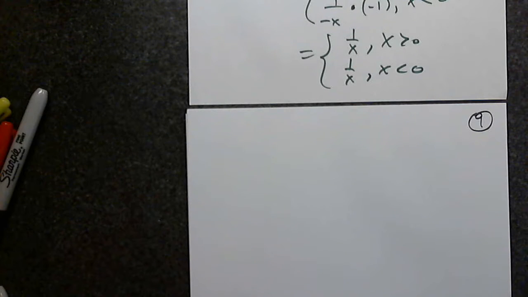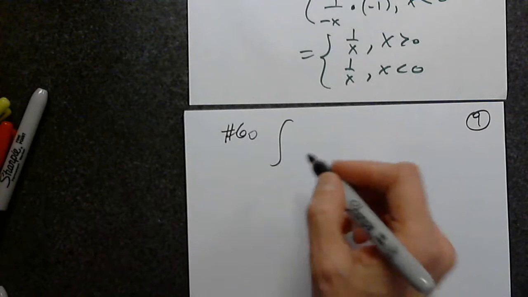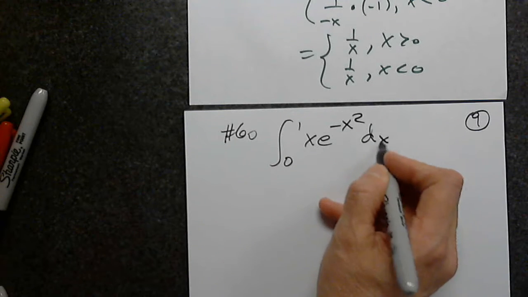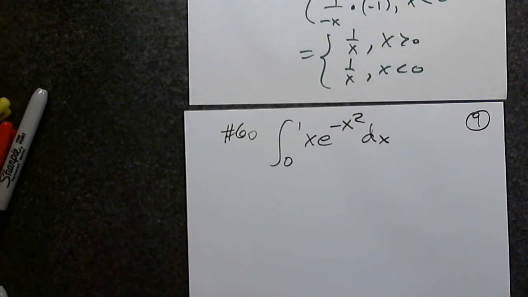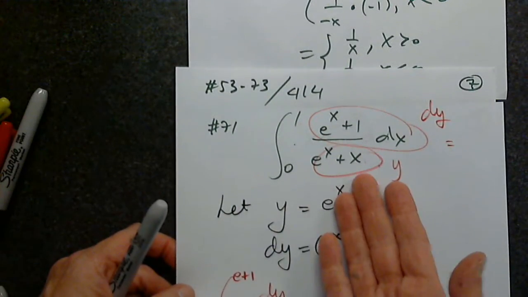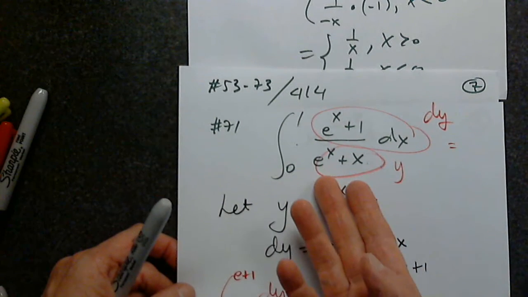Okay, so let's take a look at something else. Like, for example, 60. The integral from 0 to 1 of x e to the negative x squared dx. And I forgot on the previous integral to ask you, and I should have: is this function defined and continuous between 0 and 1? Yes.